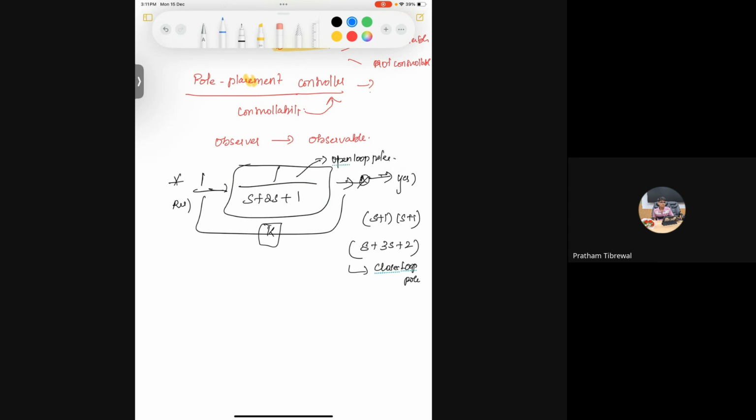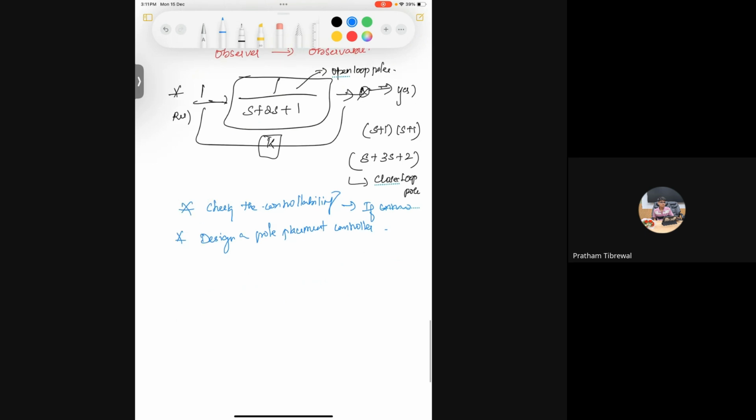So the first point is, straight away you should not go and find the controller. First you have to check the controllability of the system. Then after checking the controllability, if the system is controllable, you try to design a pole placement controller, right? This is why we are doing controllability.